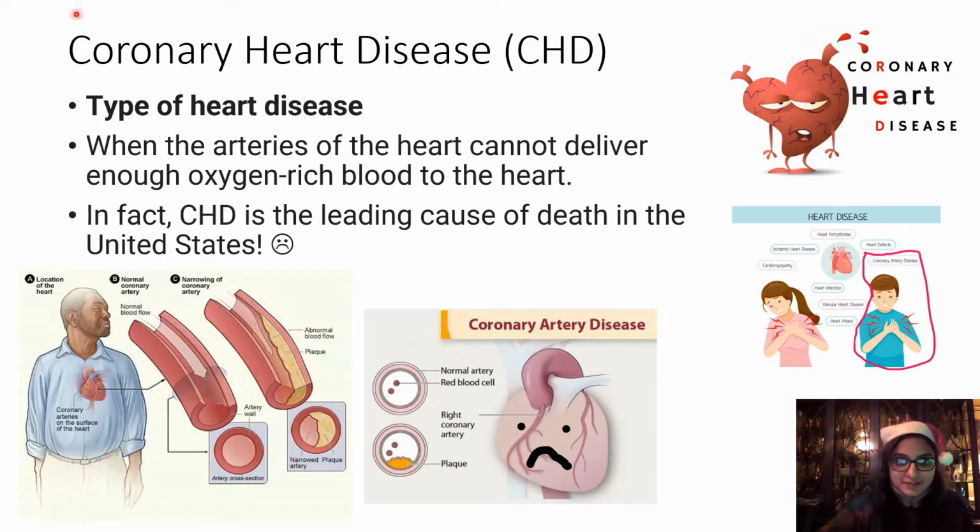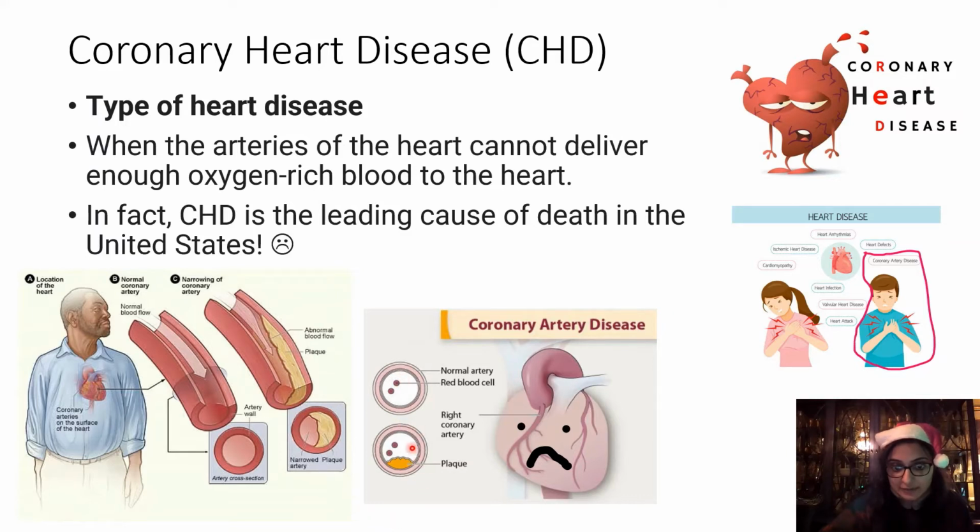In fact, coronary heart disease, CHD, is a type of heart disease which is when the arteries of the heart cannot deliver enough oxygen-rich blood to the heart. You can see here, this is a normal artery of the heart, and this is an artery of the heart that has some plaques. So there's abnormal blood flow, which is very sad. In a normal artery, there are no blockages, and blood cells can flow through.